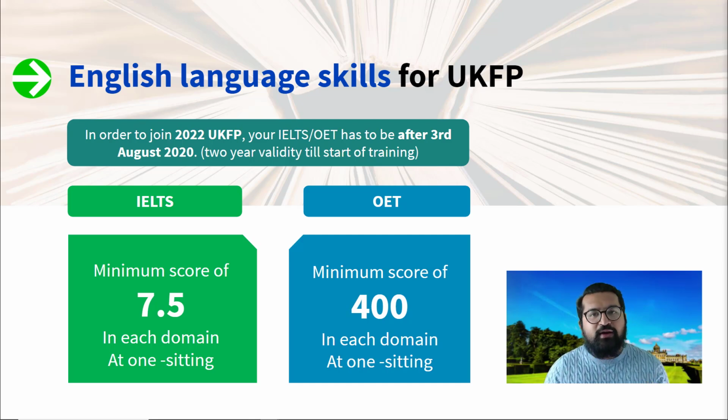But the grading for UKFP is a bit higher. So even if you have already completed PLAB with the IELTS or OET, because for PLAB 1 booking you needed an IELTS or OET, if that score is not enough for this requirement, you cannot use that IELTS or OET. You have to get a new one with a high enough score to apply for UKFP.